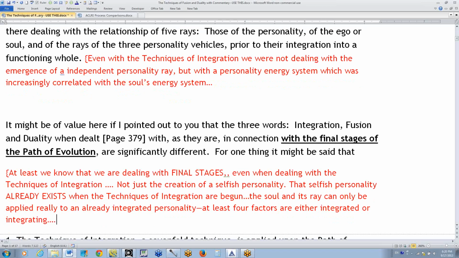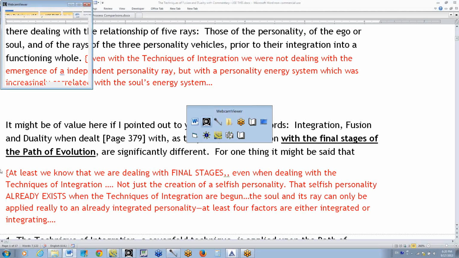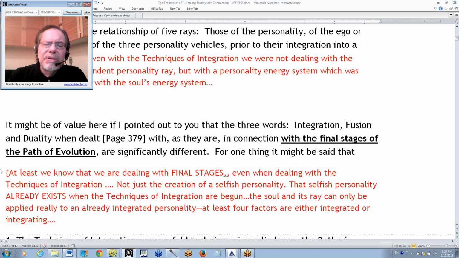And that, of course, is something of a puzzle. There are different stages of personality integration, and as I've been trying to suggest, the real integration of the personality with the soul, in other words, the two energy systems being totally coherent with each other and responsive to each other, is probably occurring around the period of the 4th initiation.